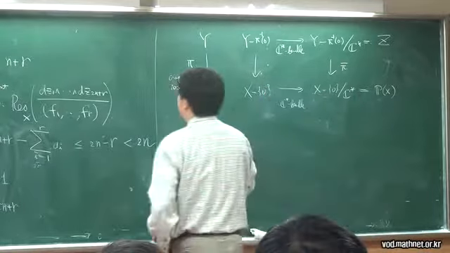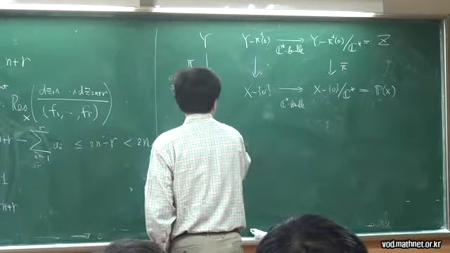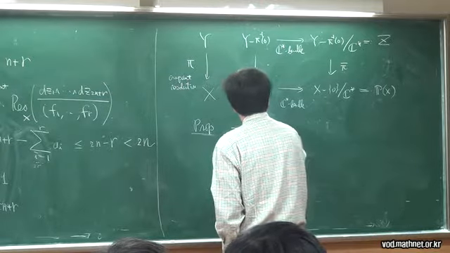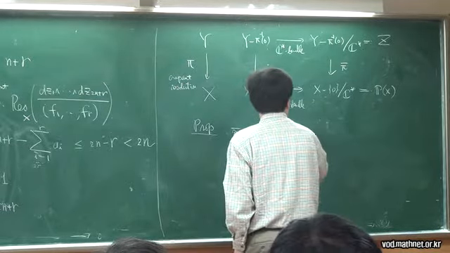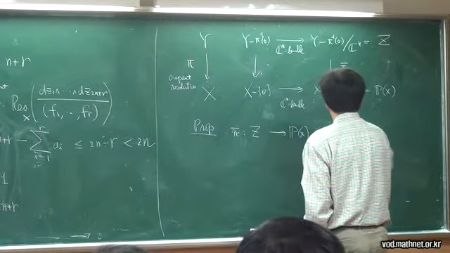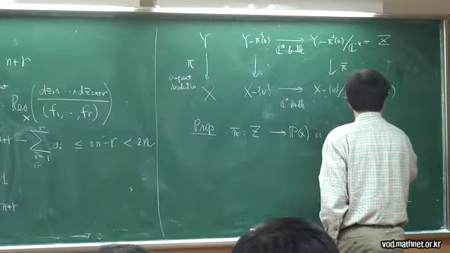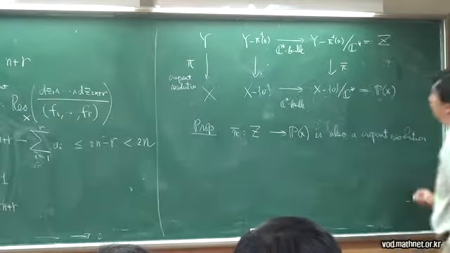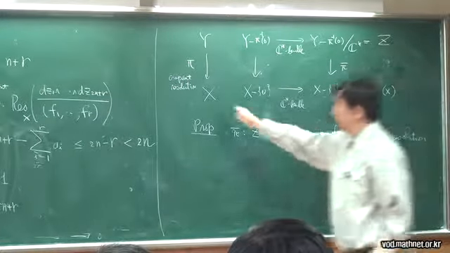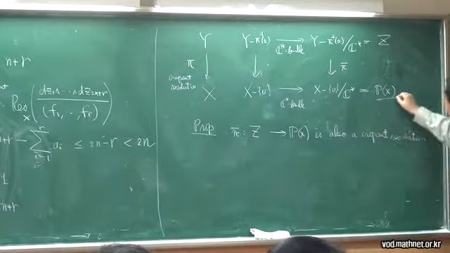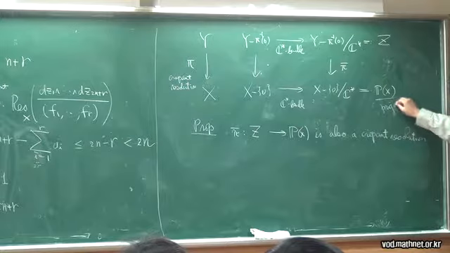So we have the following proposition. This induced map is also a crepant resolution. But now X is affine, and now this is a projective variety.